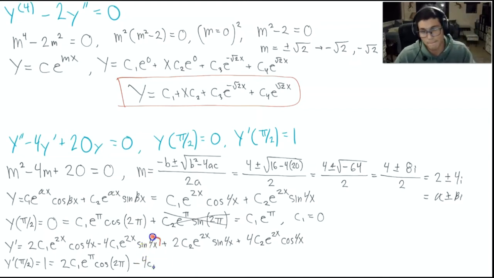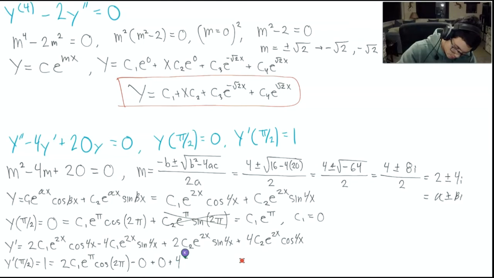Oh, right here, it's a sine, right? Sine, it becomes sine 2 pi. Okay, so we shouldn't even write this down. We should just write it as 0. So let's write minus 0. Oh, there's a sign again. Perfect. So plus 0. Okay, and then we have this one, which is not going to be 0.